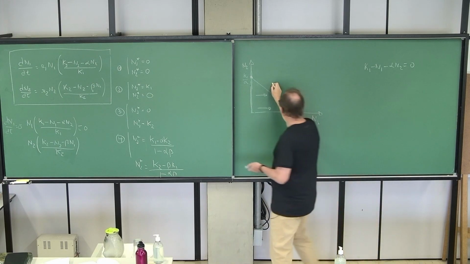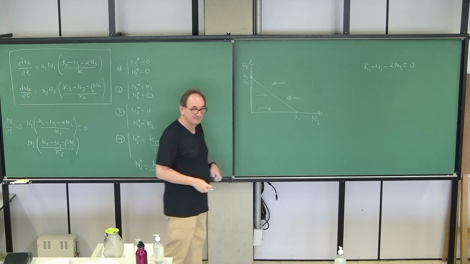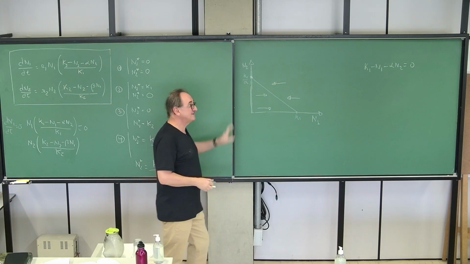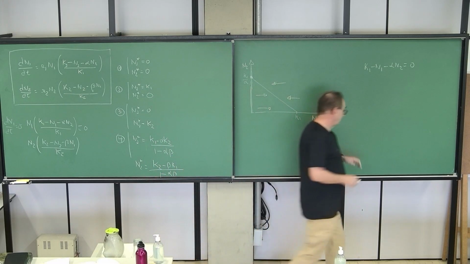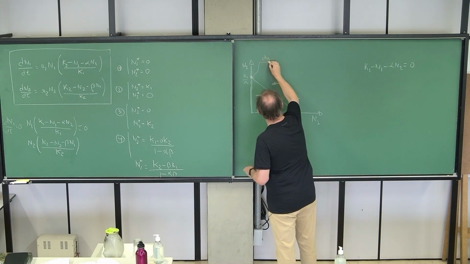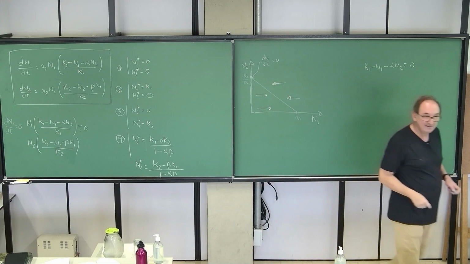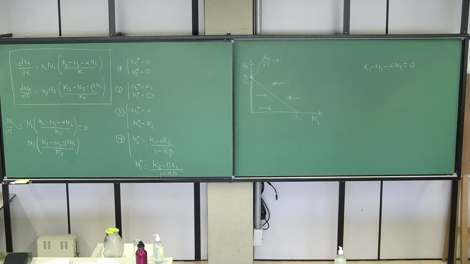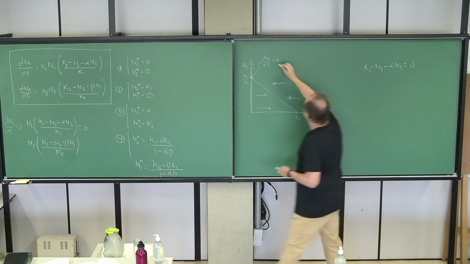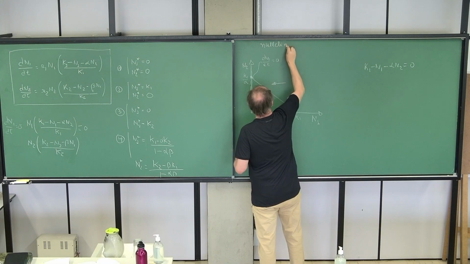Therefore, then you will have this. This line is defined by dn1/dt equal to 0, and it's called a null line.